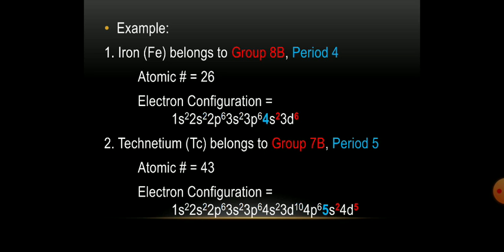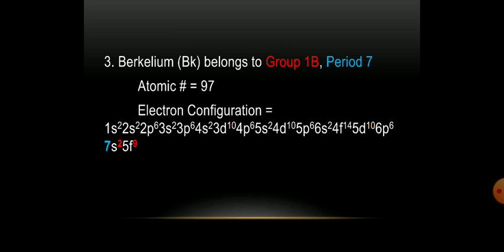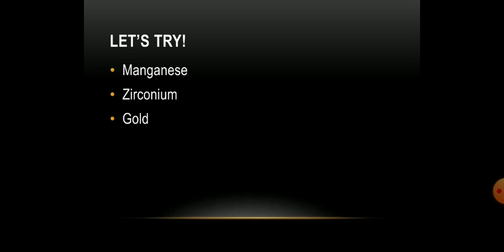You will notice its outermost, that is valence, electronic configuration, and if you add their powers you get the same thing again. Berkelium, which has atomic number 97, comes from group 1B, period 7, and its electronic configuration is also mentioned here. You can also try these examples: manganese, zirconium and gold.